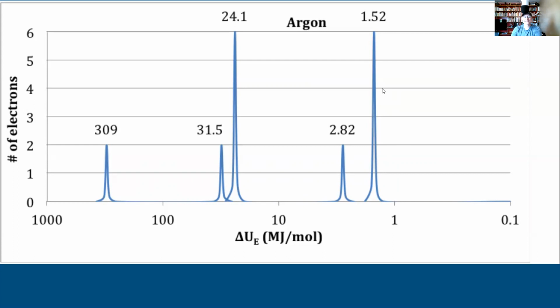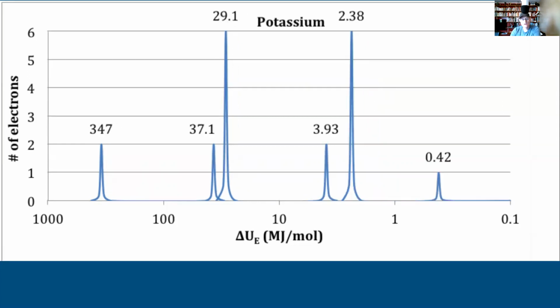What do you think potassium is going to look like? Take a moment. So potassium started a new energy level again. So you'll notice that we have that same type of breakdown that we had before. And let's actually write this one out so you can get the whole thing. 1s2, 2s2.